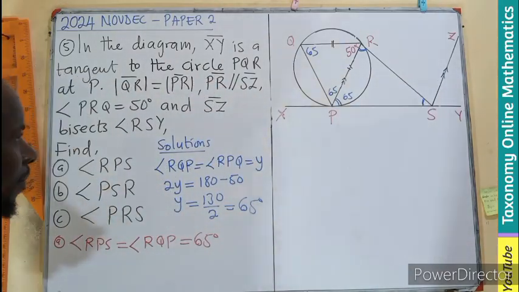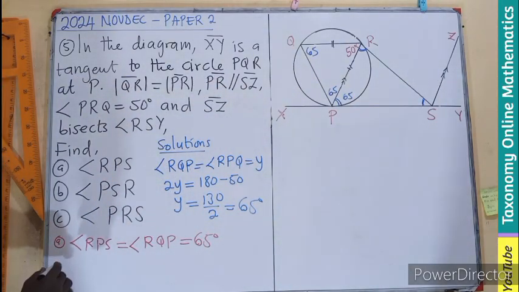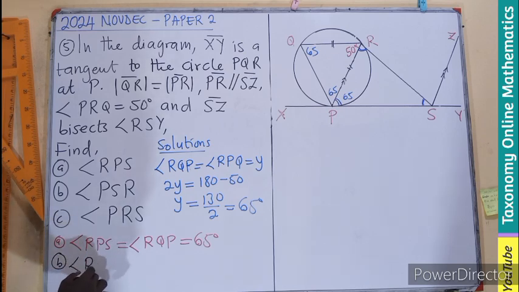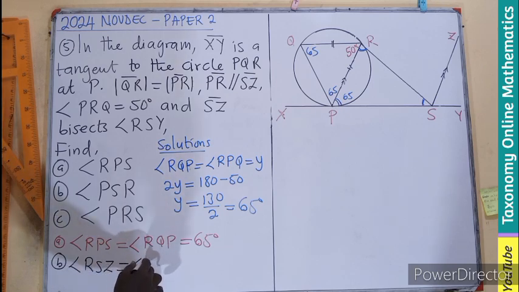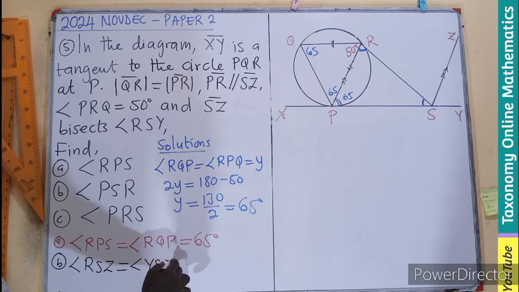We can say that the angle, okay, let me write B, so that it means everything I'm doing will be in the sense of finding B. So let's say angle RSZ will be equal to the angle YXZ.